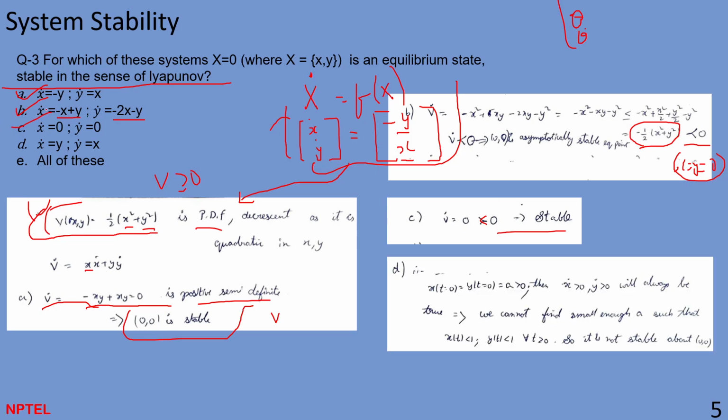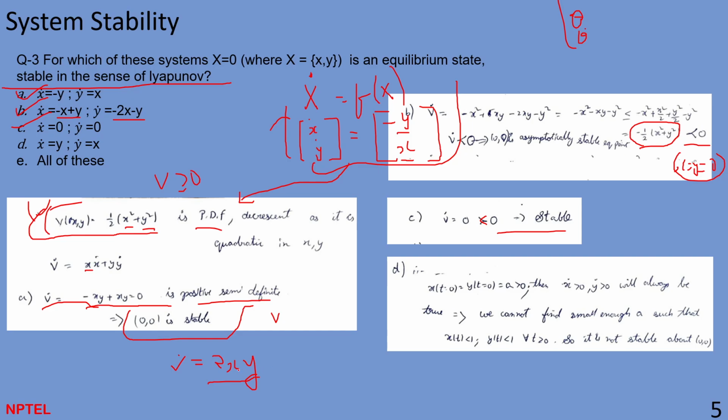Coming to D, if you put x dot equal to y, then V dot will be something. On simplification, it will look like 2xy. With 2xy you can't really say. Let's say if you take x positive and y negative, it will be negative.